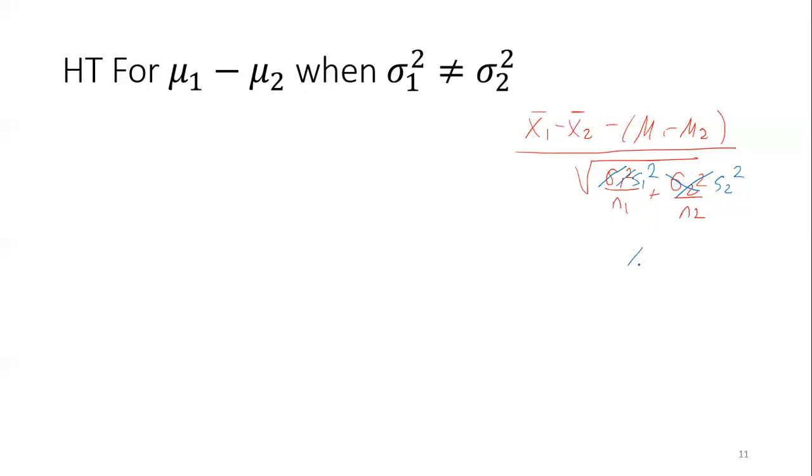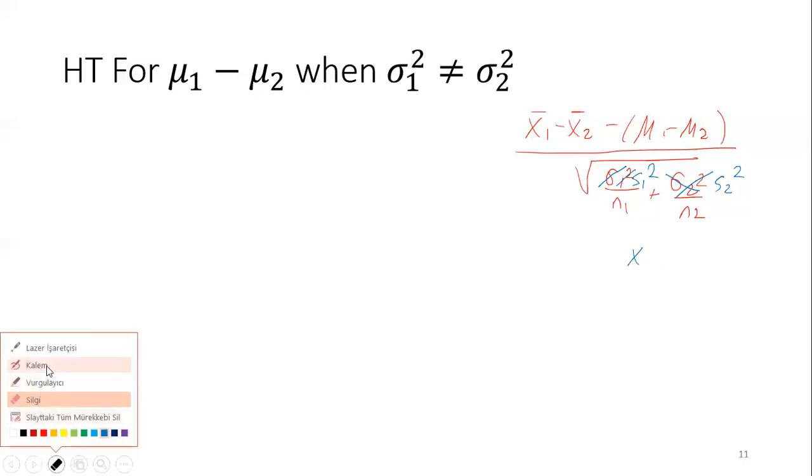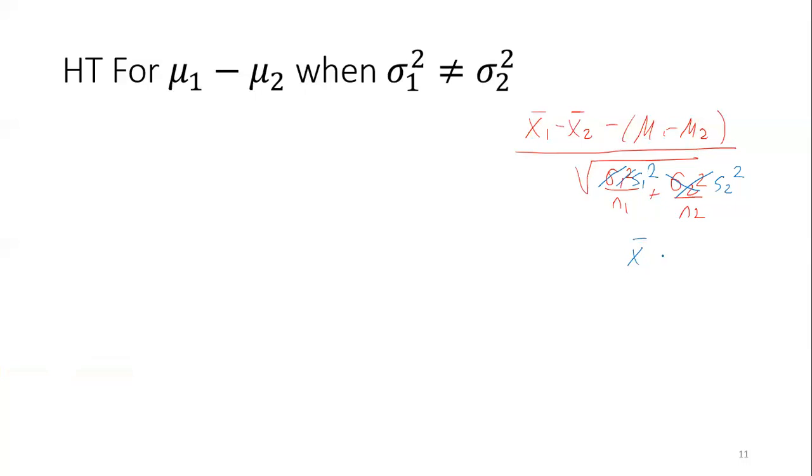This is an analogy to, remember, x bar minus mu divided by s divided by root n, which was t-distributed with n minus 1 degrees of freedom. And in fact, we will see that this is also t-distributed. How many degrees of freedom? We will see it.